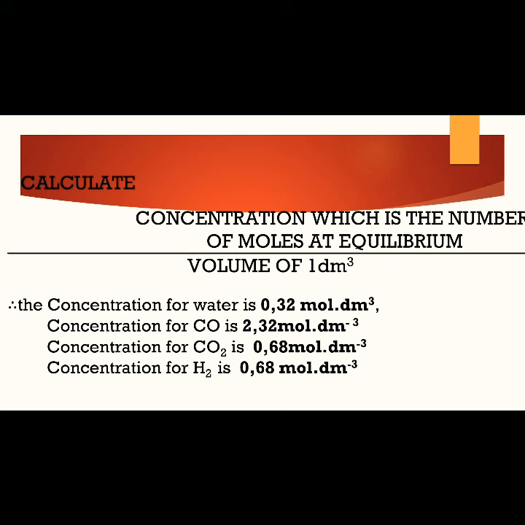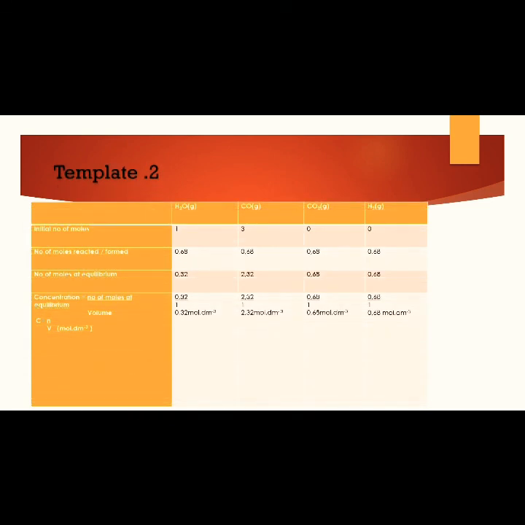Concentration of carbon dioxide is 0.68 moles per decimeter cube. Concentration of hydrogen gas is 0.68 moles per decimeter cube. Look at template number 2.